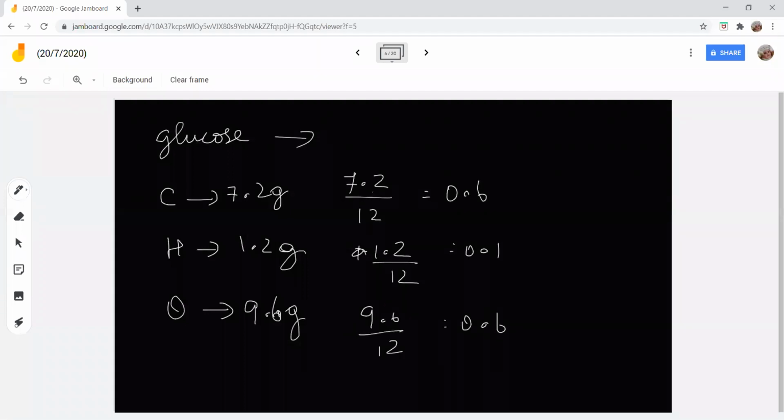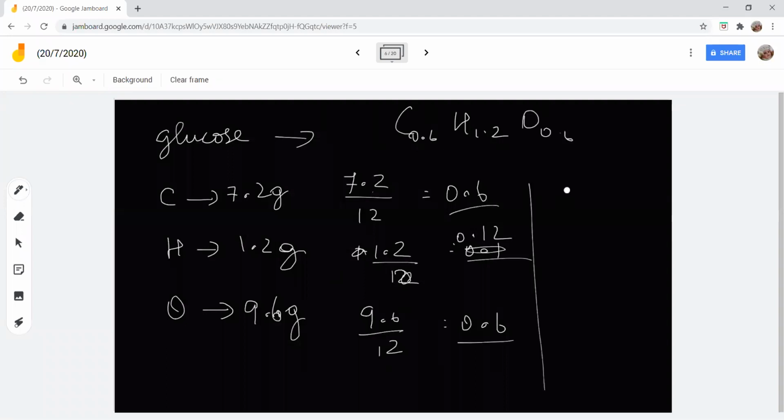These are the number of moles that I'm getting. Carbon 0.6, hydrogen 1.2, oxygen 0.6. So when I take the simplest ratio, I get 1:2:1. Am I right or not? So if I simplify this, I'll get only the empirical formula and not the molecular formula.